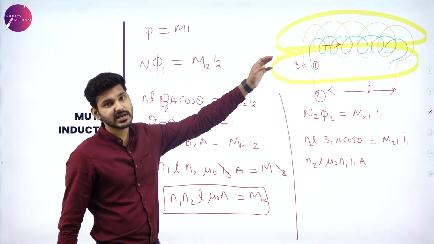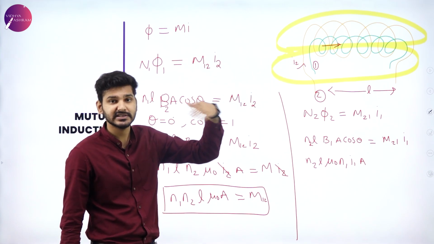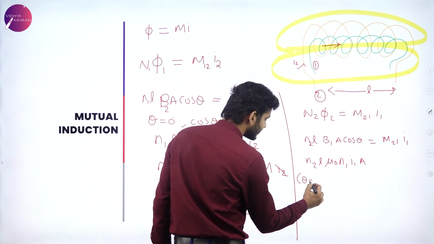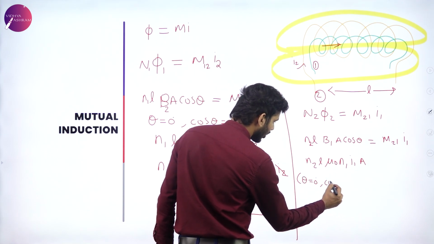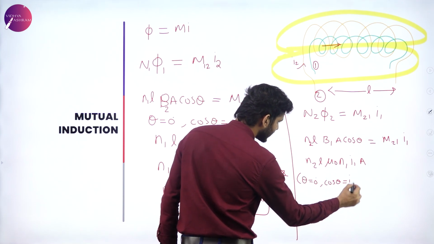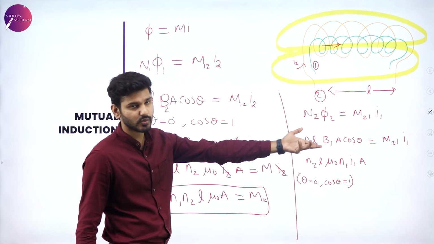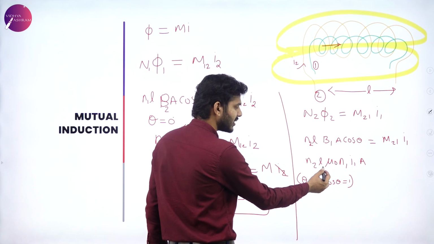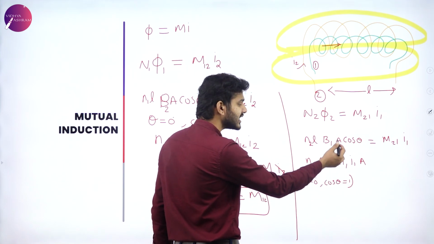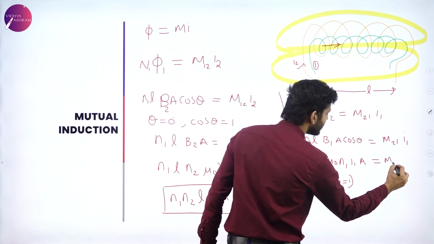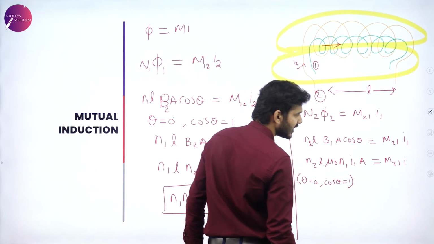Again, the angle between the area vector and the magnetic field lines is theta equal to 0 degrees, which means cos theta will be equal to 1. So we can write it down just as A, because it is A into 1. So N2 into L into mu naught into N1 into I1 into A will be equal to M21 into I1.